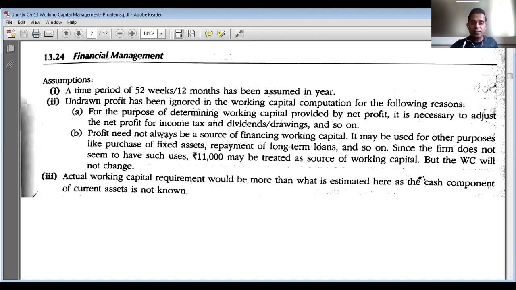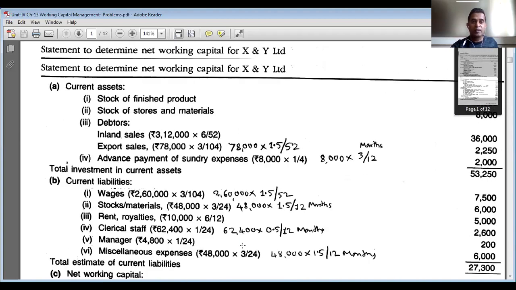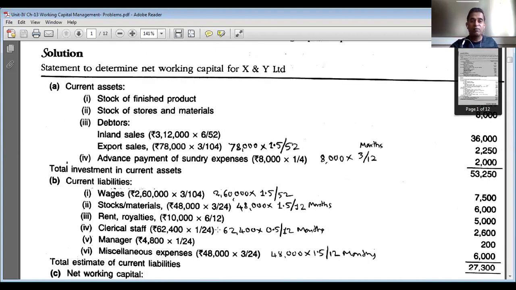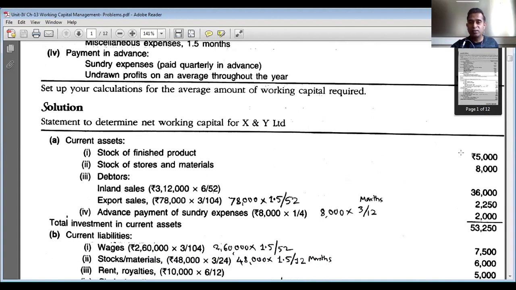Now, assuming this, we are going to estimate the current requirement of working capital. So I have to prepare a table like this, which will have only two columns, a particulars column and an amount column in rupees. The amount column will be relatively smaller, so you can adjust your table accordingly.